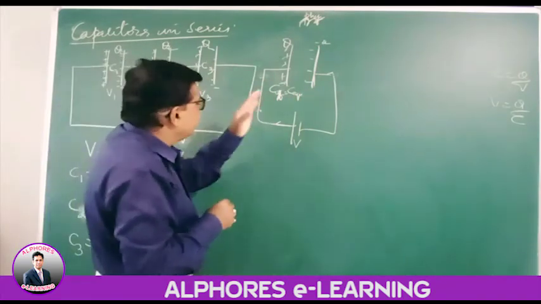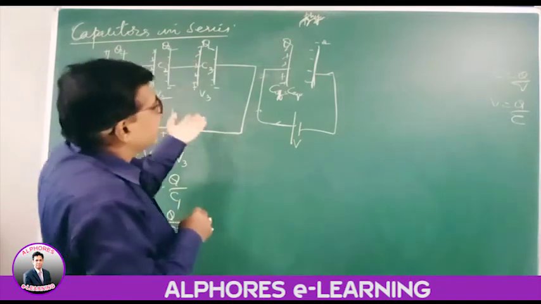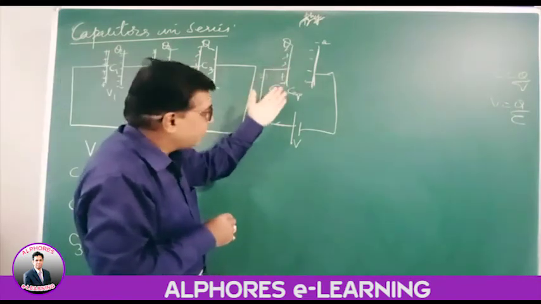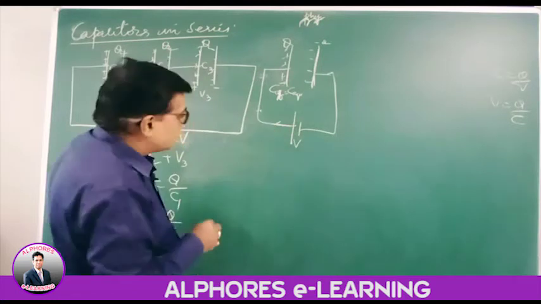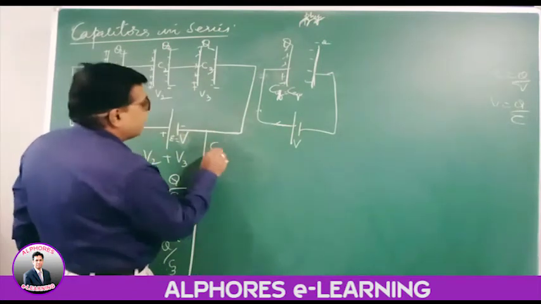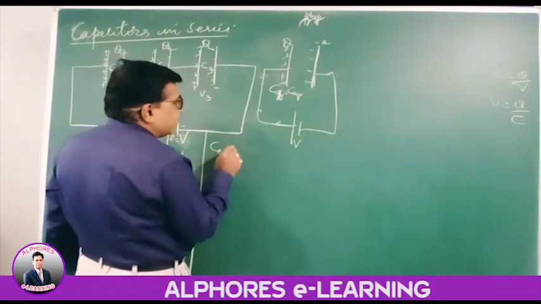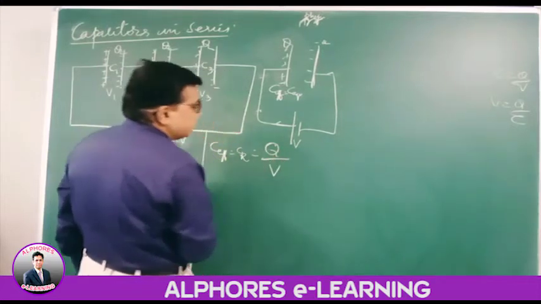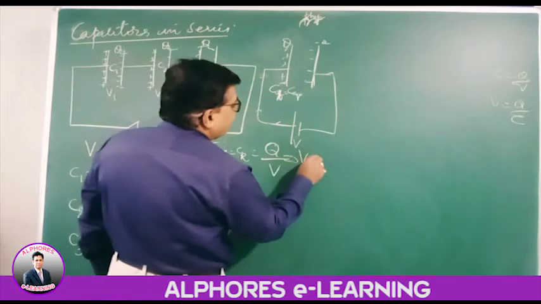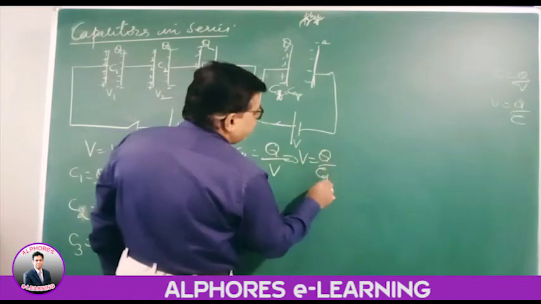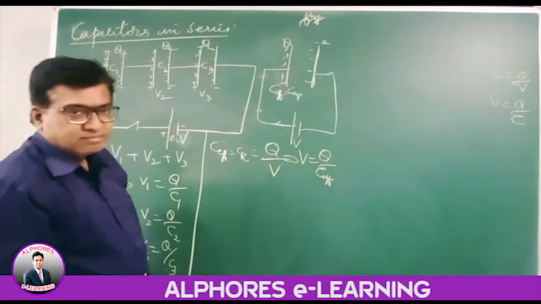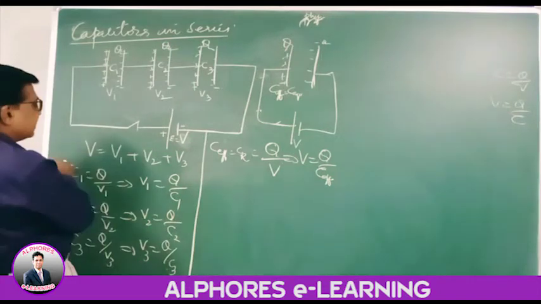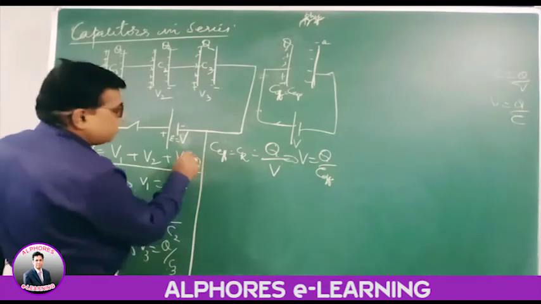So if, instead of taking these three in series, I take a single capacitor, the effect produced in this circuit is the same. Therefore, by definition, the effective or equivalent capacitance is the charge Q by the total potential V. From this, the total potential I can write as Q by C effective. But in series connection, V is equal to V1 plus V2 plus V3.